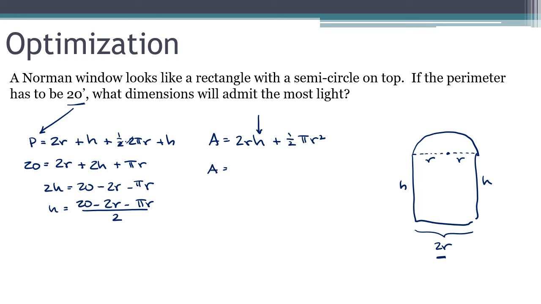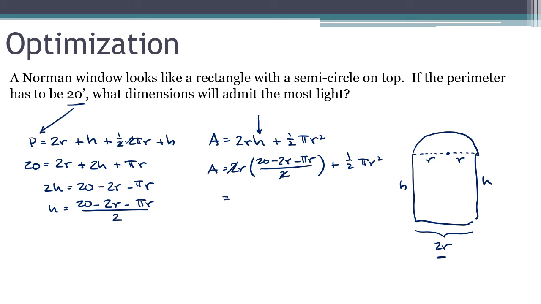Area equals 2r times 20 minus 2r minus pi r over 2 plus still 1/2 pi r squared. All right, you see now those 2's are going to cancel, right? That's nice.